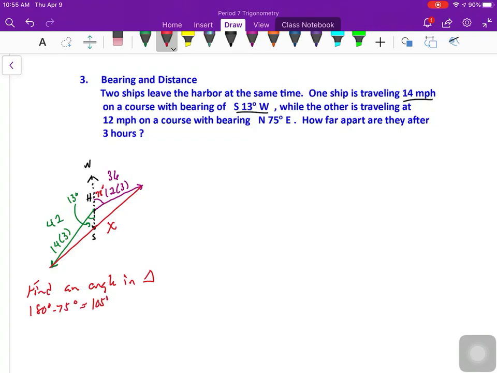I think if I take 180 degrees and I subtract 75 degrees, I get 105 degrees. So this is 105. So that means this whole angle up here will be 105 plus 13, so that's 118 degrees.